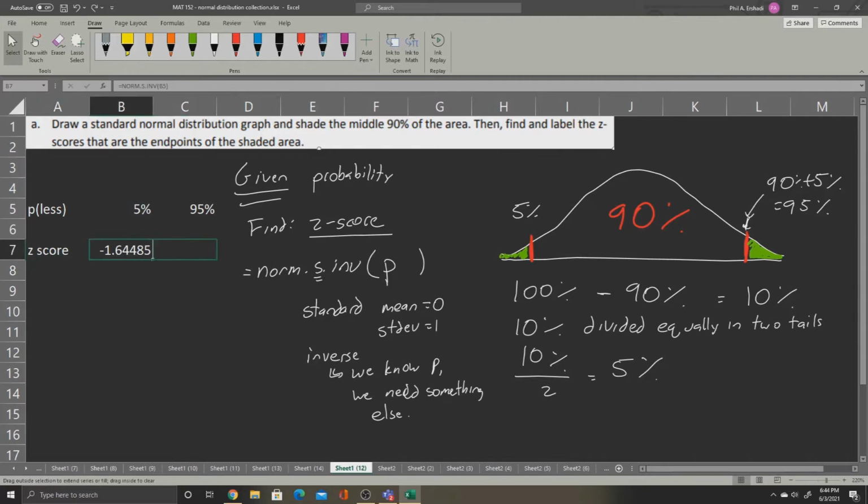We can use the black cross to calculate the z-score at 95% also. This tells us that at the first marker, our z-score is negative 1.64. And at the 95% marker, our z-score is positive 1.64.